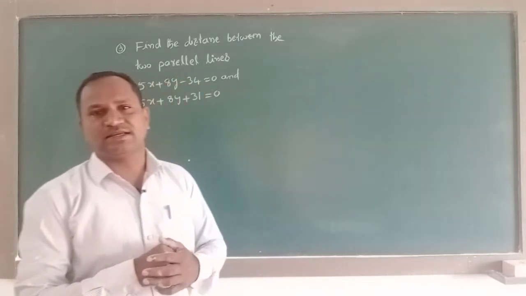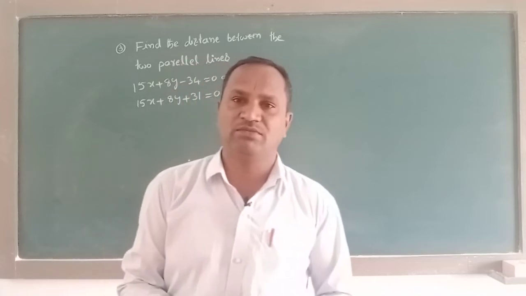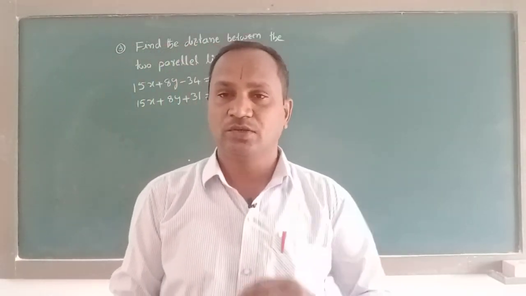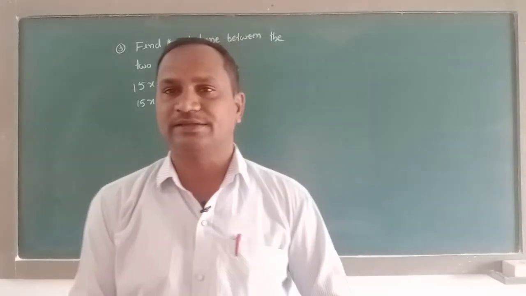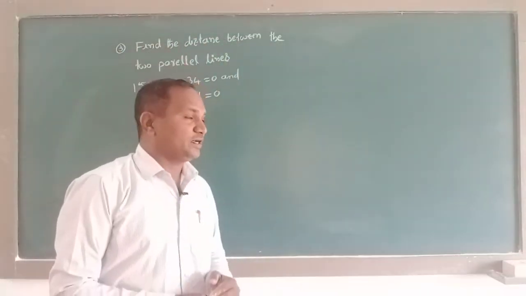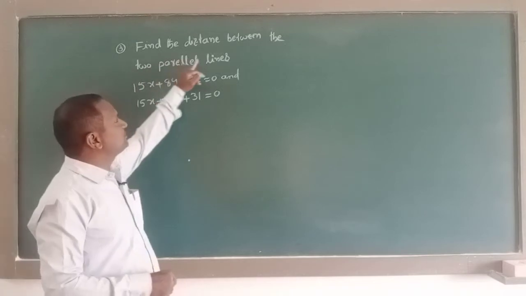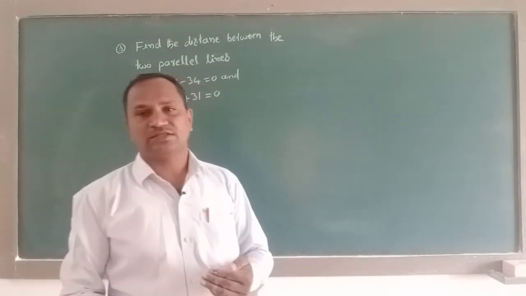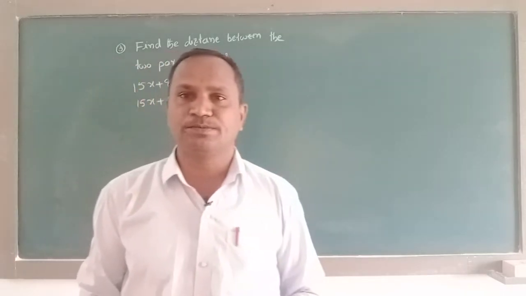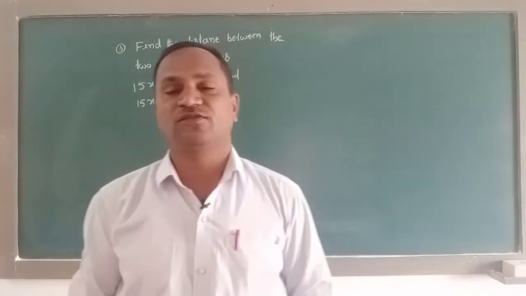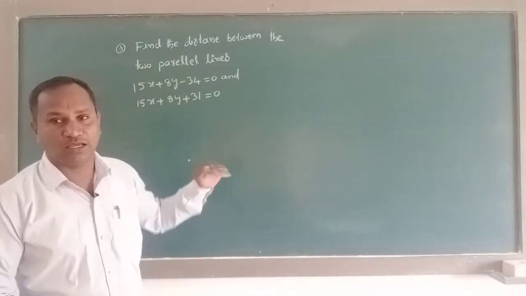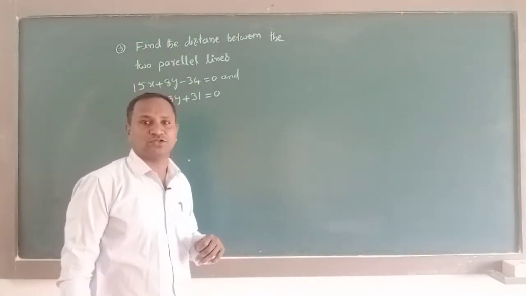Whenever the coefficients of x and y are the same in the given two lines and the constants are different, we can call them parallel lines. At the same time they are asking for the distance between the two parallel lines, so we have to apply the formula for the distance between two parallel lines. I will show it diagrammatically, and at the same time I am going to give the solution for this question.